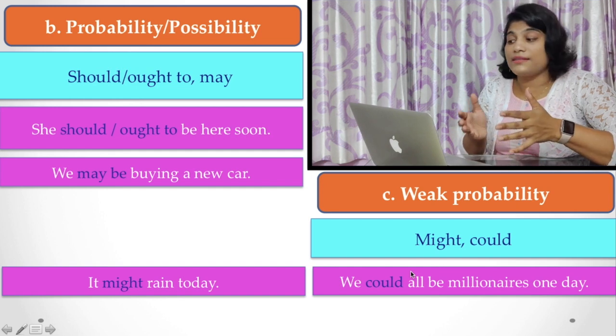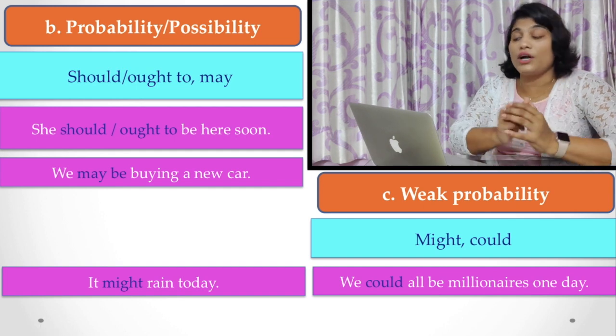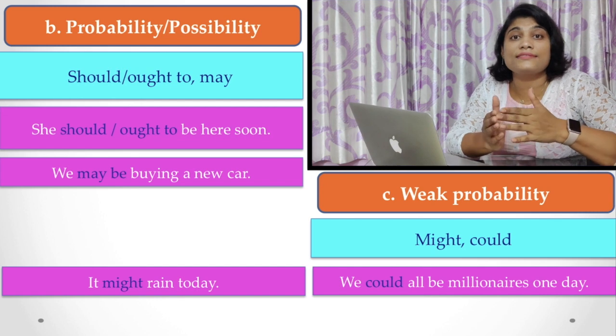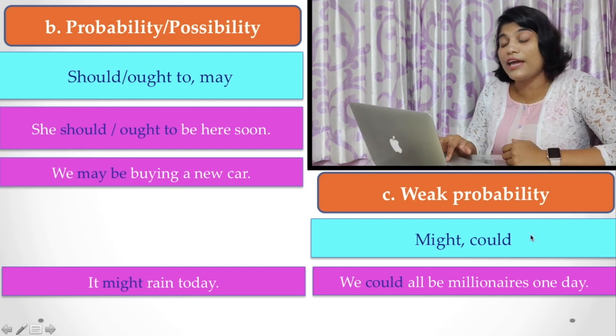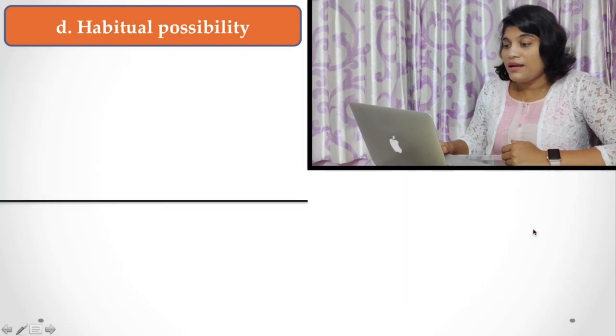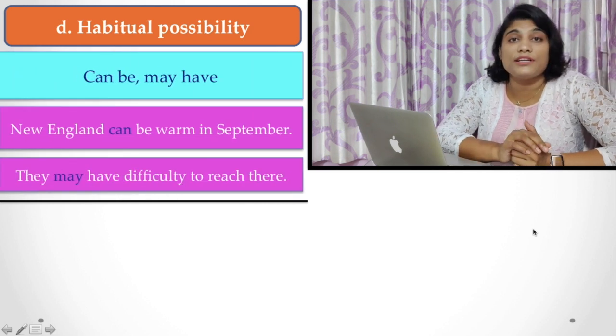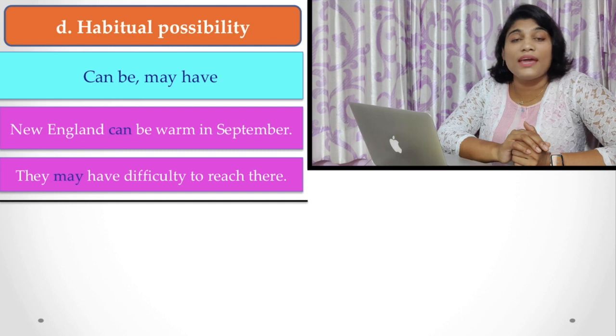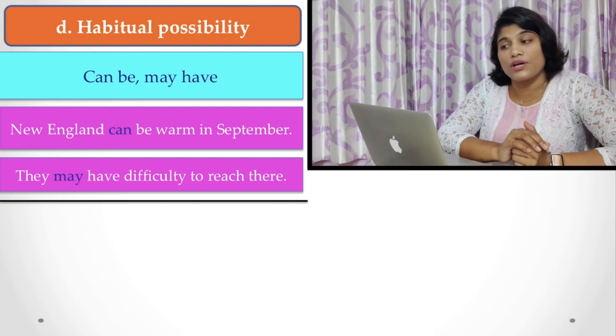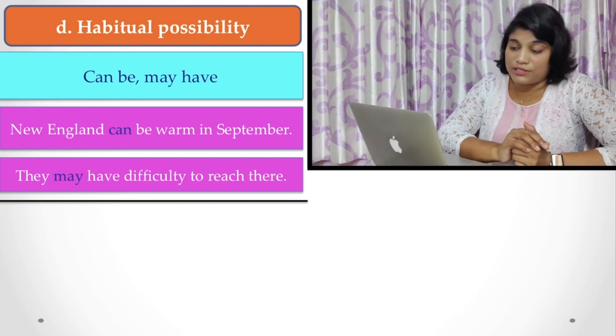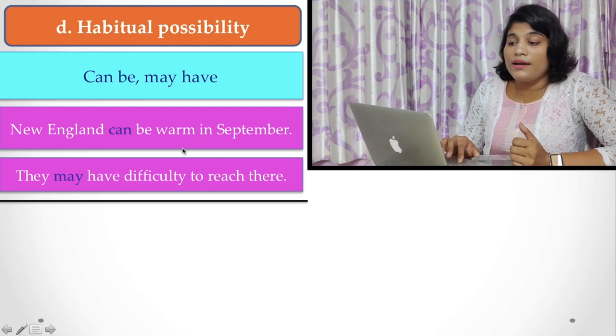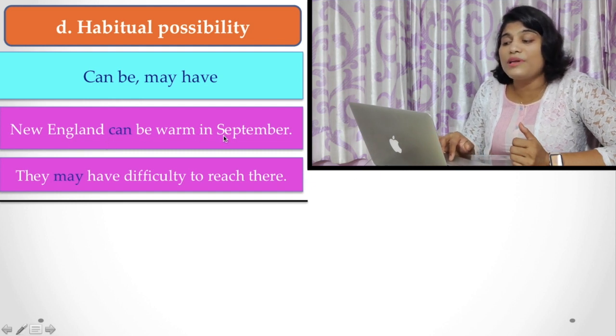In both cases, we do not know these things definitely. This is a weak probability. Now, habitual possibilities, what are those? We have to use can, may, and will if we are talking about habitual possibilities. Here, New England can be warm in September.